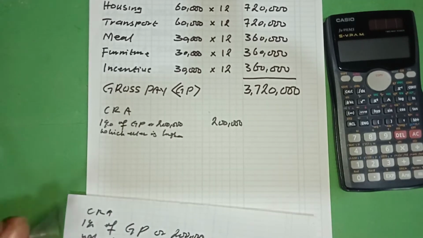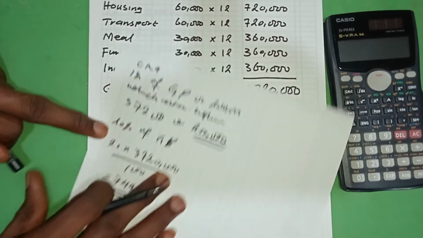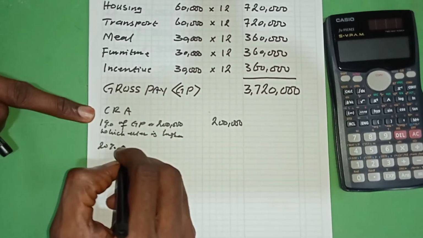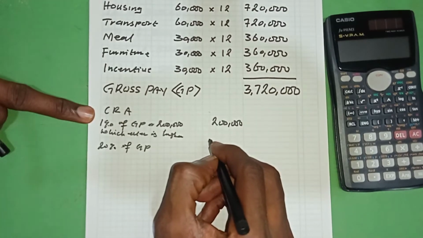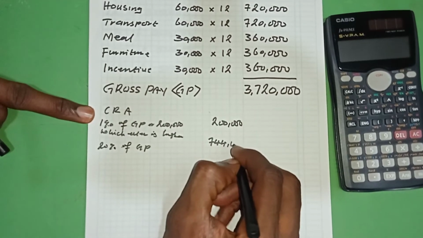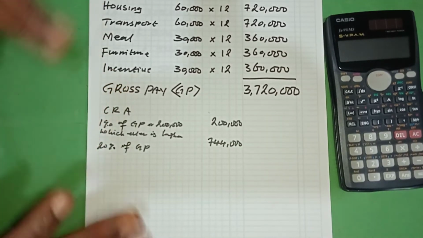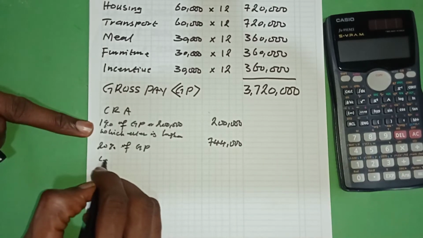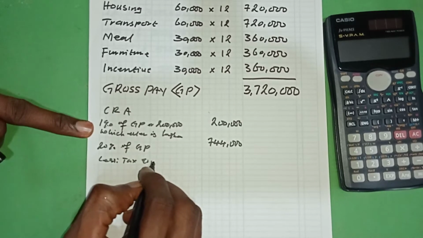They went ahead to say plus 20% of your gross pay. 20% of your GP will give you 744,000. Is that clear? Hope you understand this. Then the next thing, you less your what? Exemption, your tax exemption.